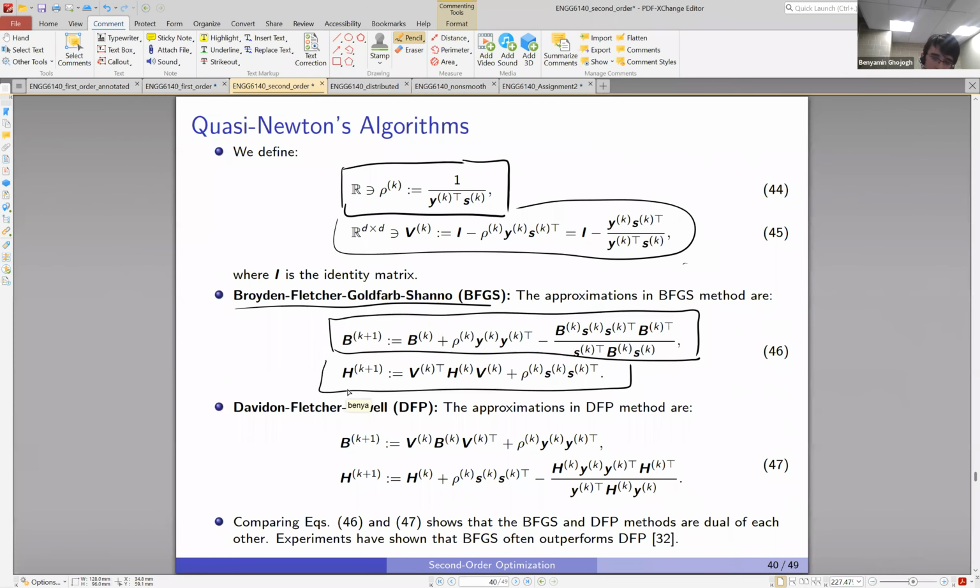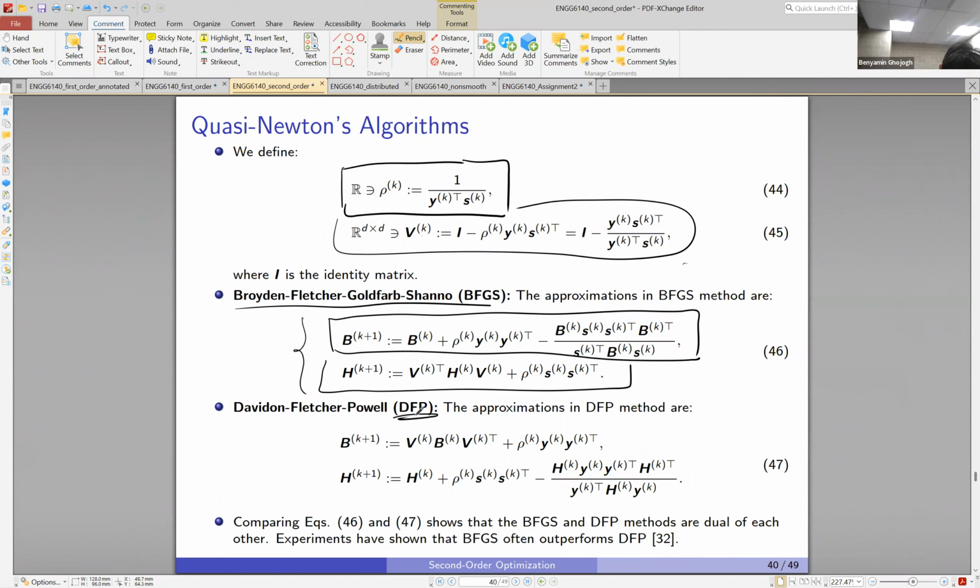Depending on whether you want to use equation 7 or 8 in Newton's method, you can use the approximation of the Hessian or the inverse of the Hessian. They are based on y, the difference of gradients, s, the update, B, the previous approximated Hessian, or H, the previous approximated inverse of the Hessian, and rho and V, which we defined here. Based on these, they have some approximations. Proofs you can look up online.